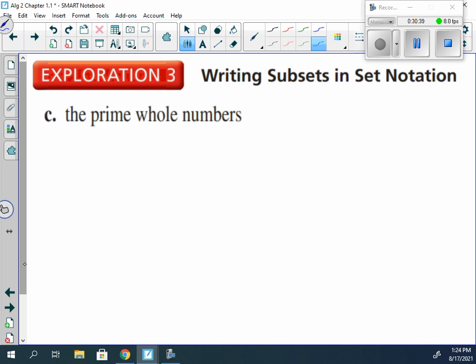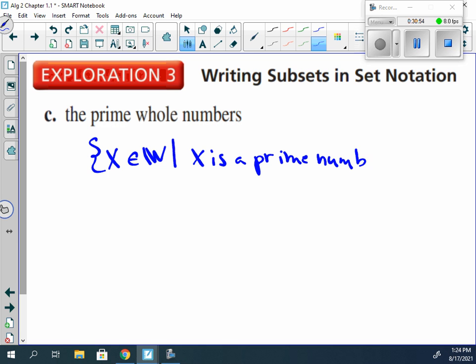Because if we were to do this, well, x is a whole number such that x is a prime number. That's it.